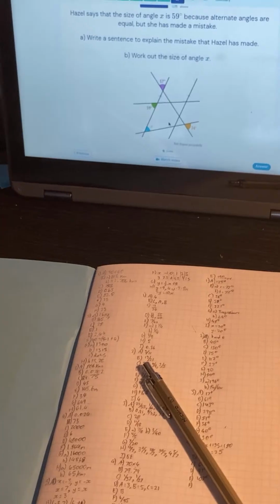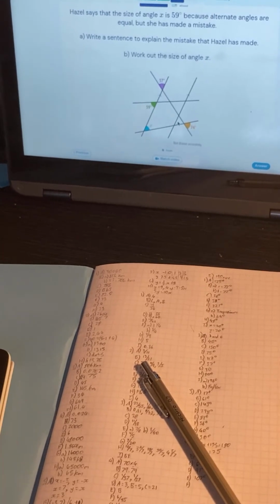If I could get that co-interior angle, if I could get that, whatever angle it's called, alternate. Is it alternate? That's not alternate. Corresponding. I think it's corresponding. I can get that, but how do I get that? I can get that if I get that, or if I get that.